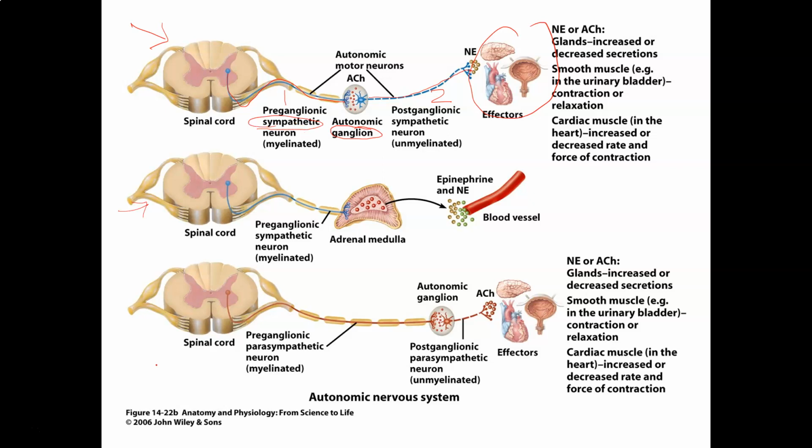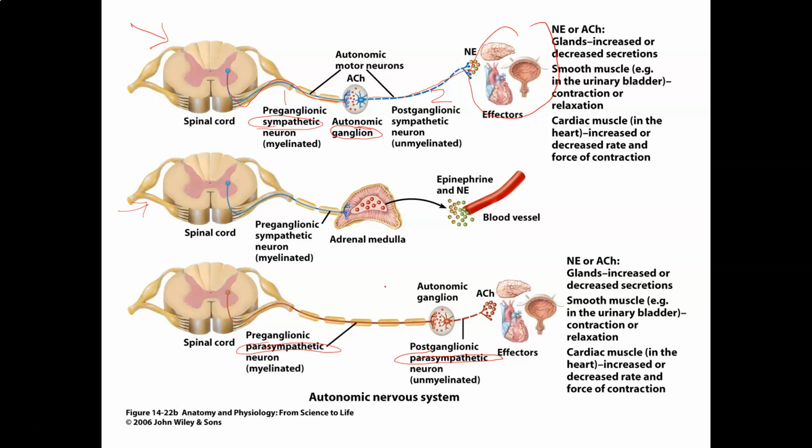And if we look down here at the bottom at this other example where you also have two motor neurons going to the target called the preganglionic and the postganglionic, just like above, but these are called parasympathetic. So what's the difference? They're both autonomic motor neurons. They both go to cardiac muscle, smooth muscle, and glands.